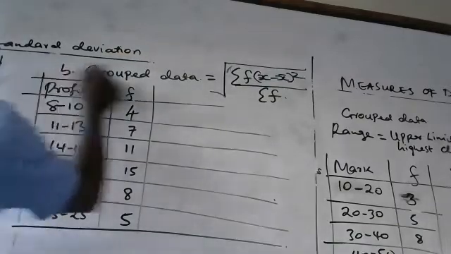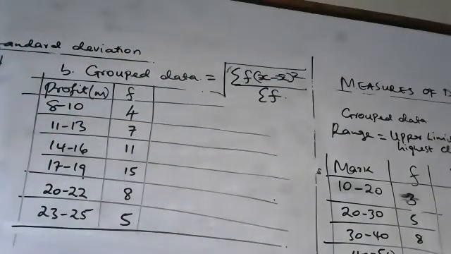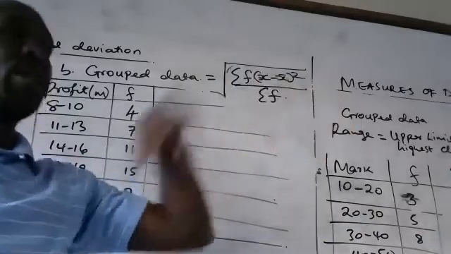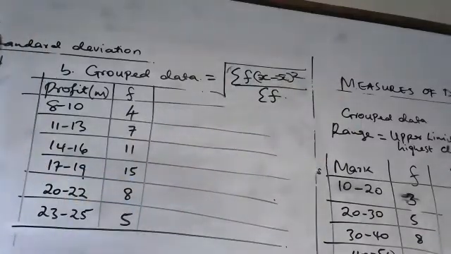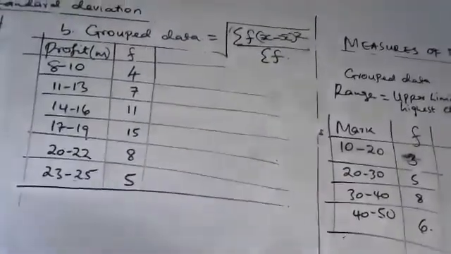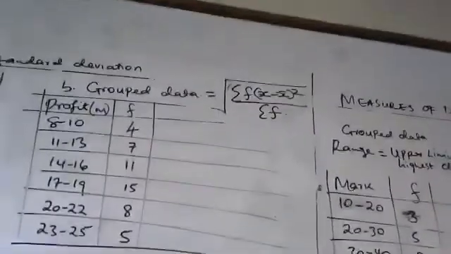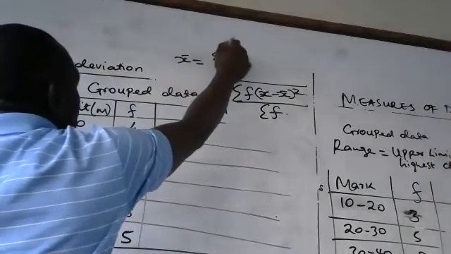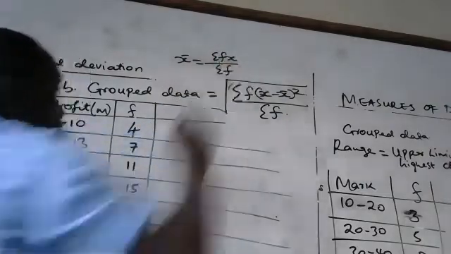And now this is where you need to be very careful, because this is what normally comes in the exam. Very rarely do you miss a question on the standard deviation. As usual, you must get x bar, the mean. That is where the discussion begins. From our previous discussion, x bar, the mean, is given by the summation of fx over the summation of f.